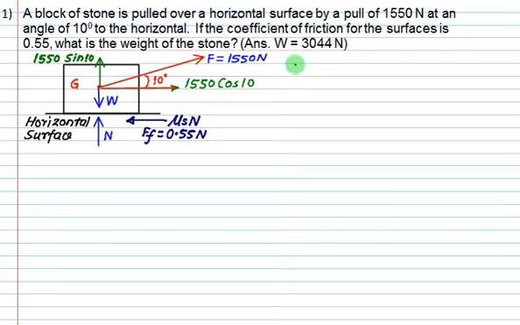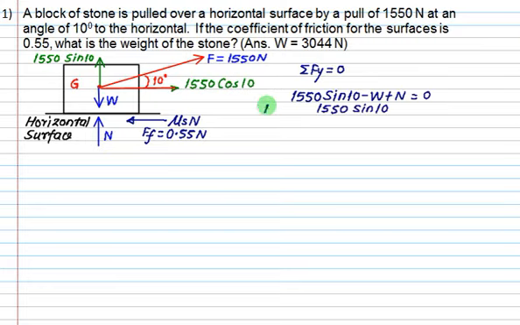Whenever you are working on a friction problem, you apply sigma Fy first, that is by default perpendicular to the plane. So 1550 sine 10 plus N minus W equals 0, or N equals W minus 1550 sine of 10.